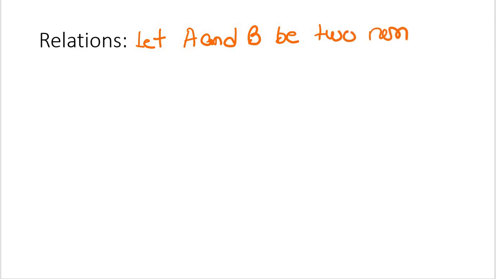So let's take two sets, A and B, and let these A and B be two non-empty sets. That means these sets have some values.